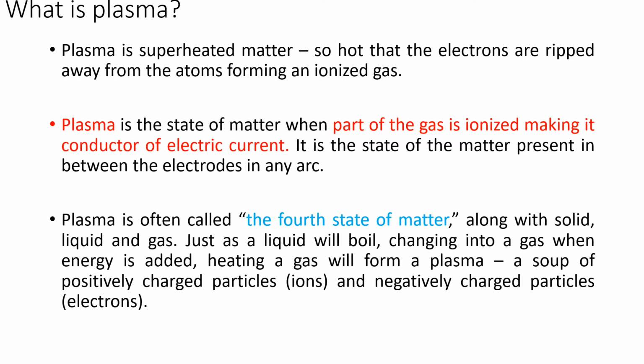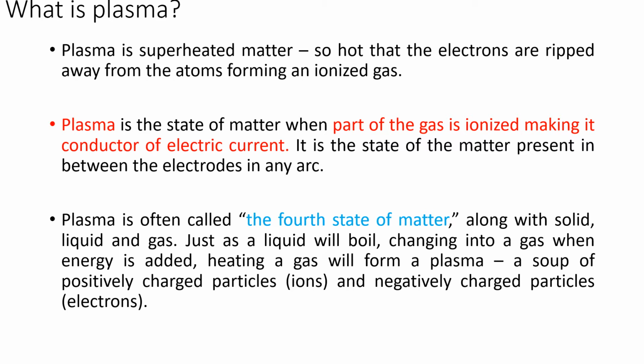That atom becomes positively charged by losing the electrons, and some free electrons are also available in that gas. So the gas becomes a mixture of free electrons, or negatively charged particles, and positively charged gas atoms, which are called positive ions.